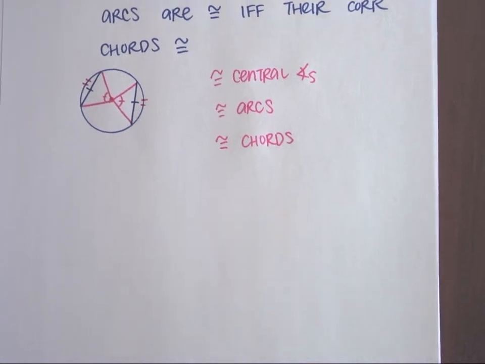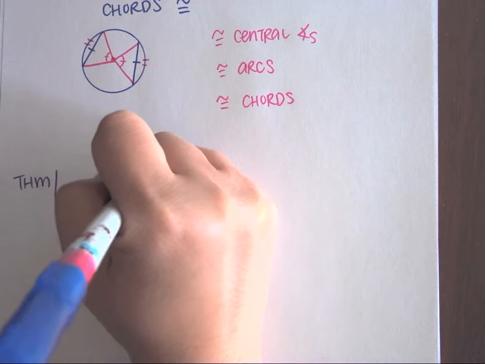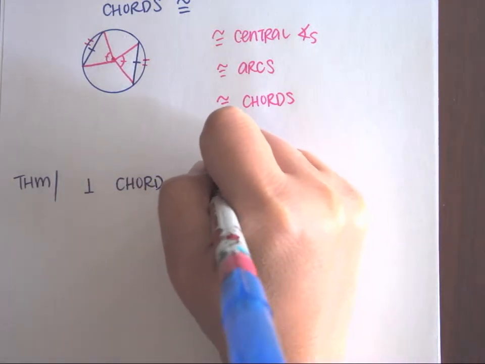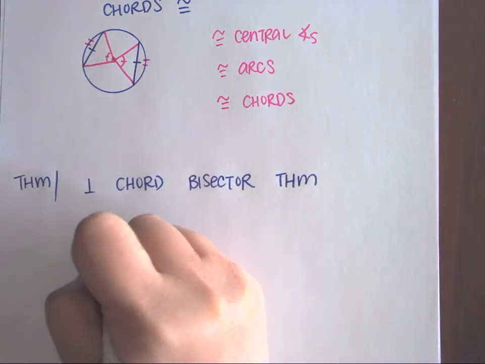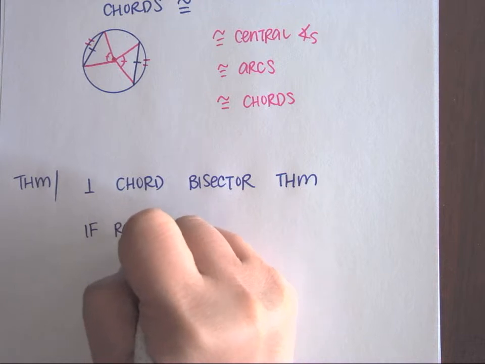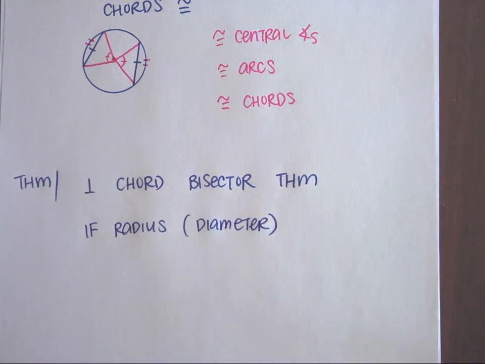Okay, the next theorem is called the perpendicular chord bisector theorem. If a radius or diameter, and when we say radius or diameter, we're actually just looking at segments that start or pass through the center. Sometimes the segment doesn't go all the way to the circle, so it's not technically a radius, but since it's passing through the center, we could consider it a portion of the radius, and that still counts.